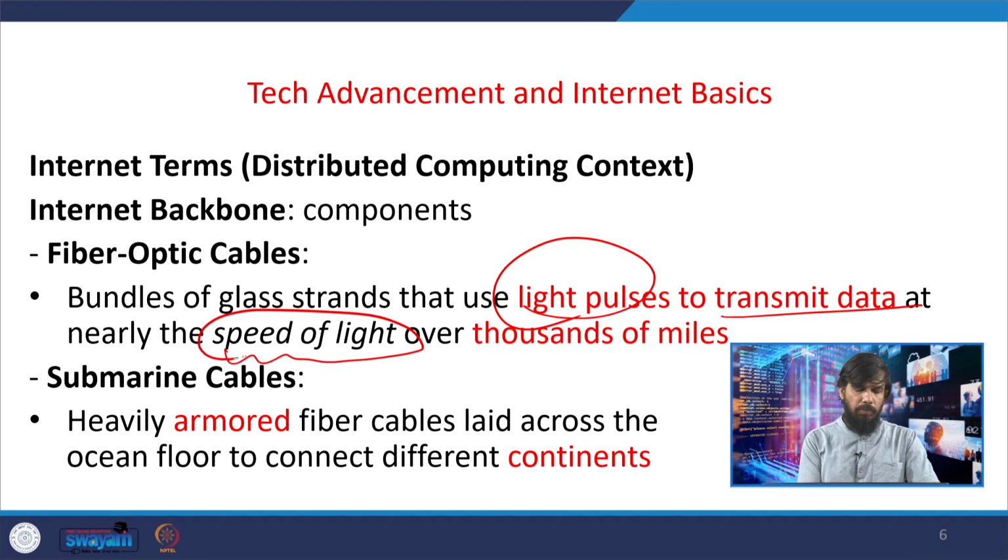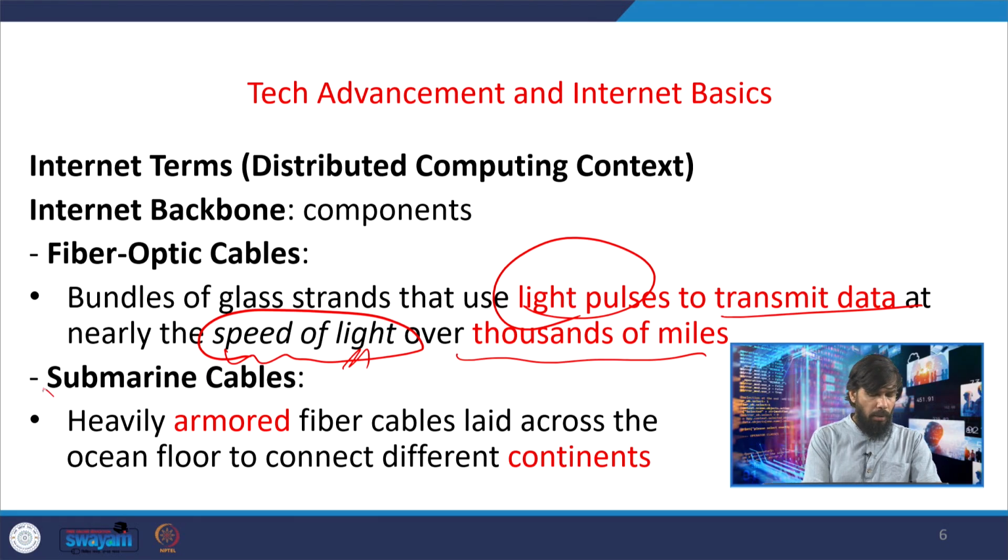This is why the whole transmission is completed in milliseconds across the continents, because the data is being transmitted at the speed of light over thousands of miles, right. So therefore in milliseconds the transmission can take place. So fiber optic cables are an important component of this backbone.